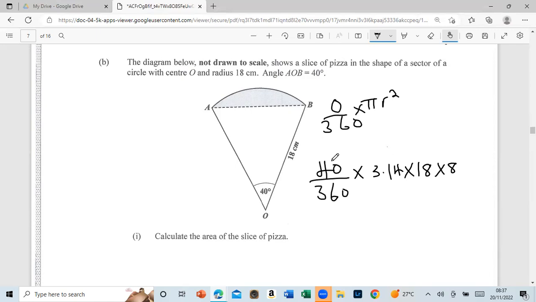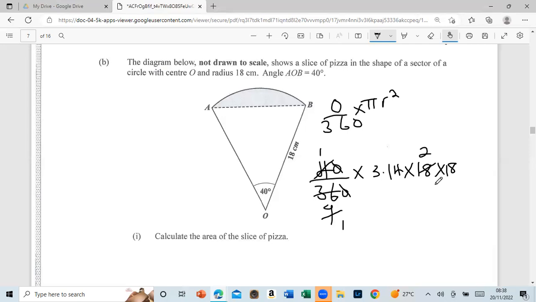Alright. So we can use the calculator. 40 goes into 360 nine times, 9 into 18 is 2. So it comes down to 3.14 multiplied by 2 times 18. Let's see what that gives us.